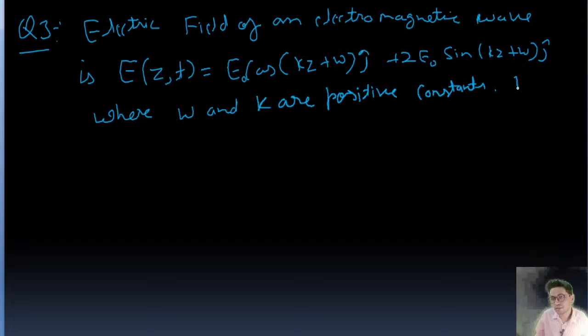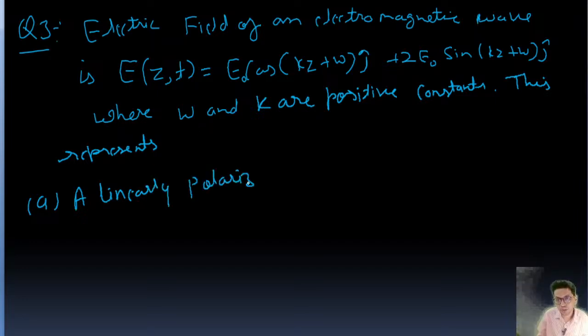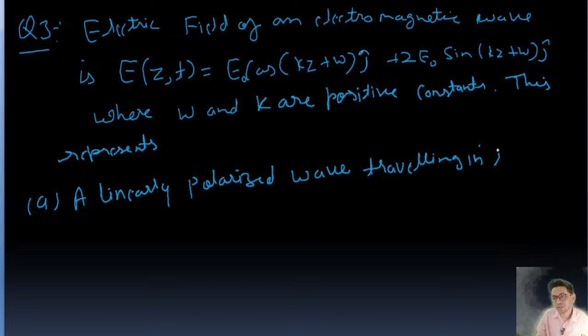This represents: option A, a linearly polarized wave traveling in the positive z direction.